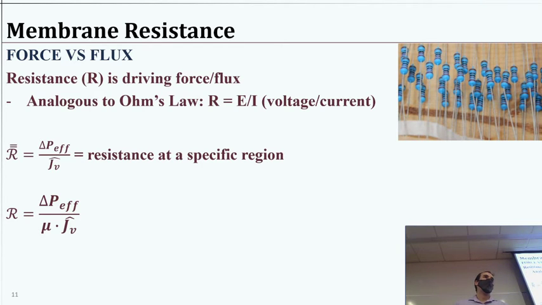And that would be essentially the flux of electrons across a resistor, where the voltage is analogous to our pressure, right? So that's some driving force. So the voltage would be like delta P. Current would be like J, and our resistance in both cases would be the resistance, right?